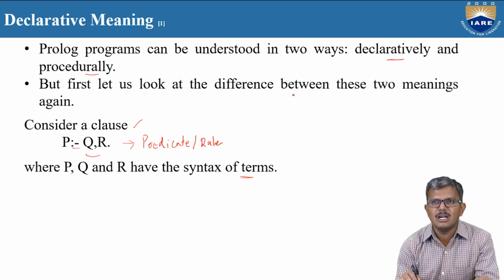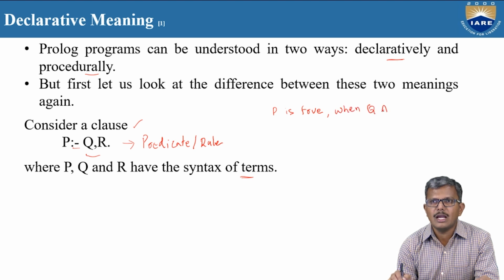Simply we can say that P is true. This statement explains it in this way: P is true when Q and R are true. This particular clause is talking about that. So P is going to be true when Q and R are true.